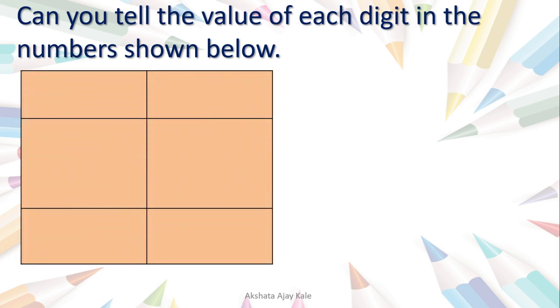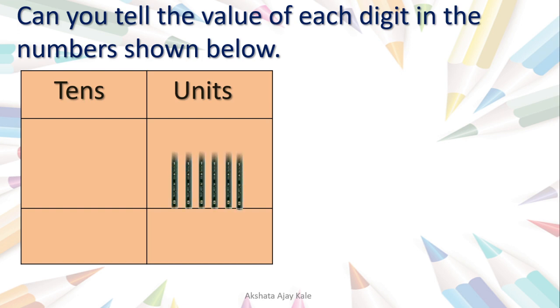Here, can you tell the value of each digit in the numbers shown below? See, this is our table. Units place, you know this. Tens place, correct? Always on the right hand side units place will be there, and next to the units place you can see tens place, right? Here we can see in the units box there are some pencils, and in the tens box nothing is there. Means how many pencils are there?